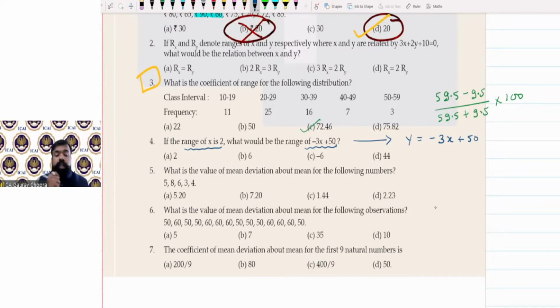So this is the equation. Now to calculate the range of y, the formula is mod of b. So we will write 3 multiply by range of x, which is 2. So 3 into 2 becomes 6. Option number B. Okay.